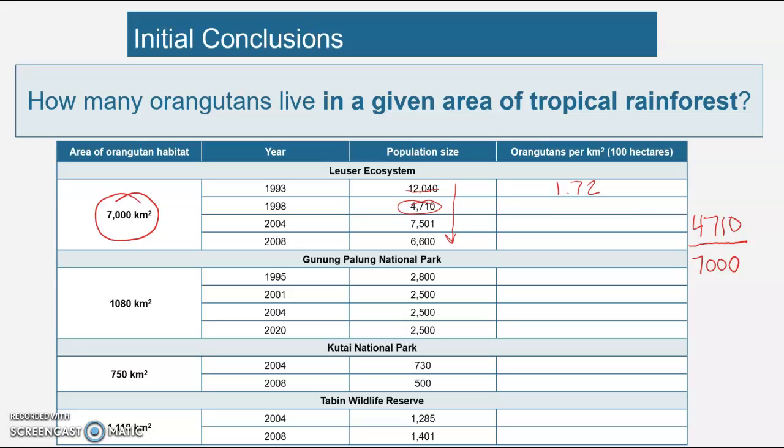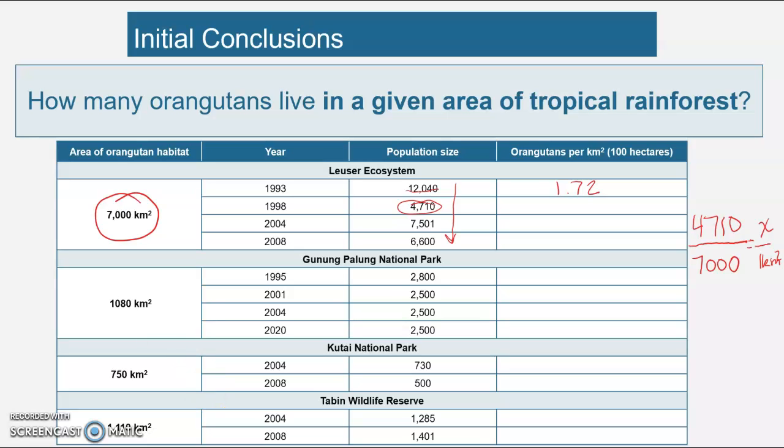So if I have my population over top of my area, how many orangutans are living per square kilometer here?